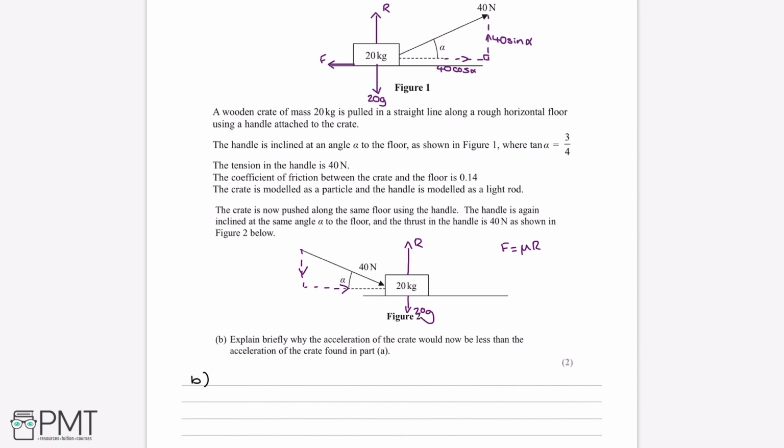If this frictional force is now increased, we're going to have a smaller number on this side of the equation, and therefore we divide a smaller number by 20, because it's F equals ma and the mass is 20. If the net force when resolving horizontally has decreased, and we divide that by 20, it's going to be a smaller value than in part A, because this net force has decreased due to an increase in the frictional force. And therefore, this will lead to a decrease in the acceleration.